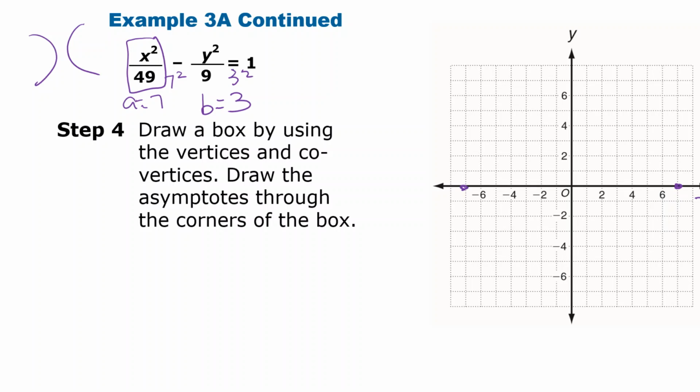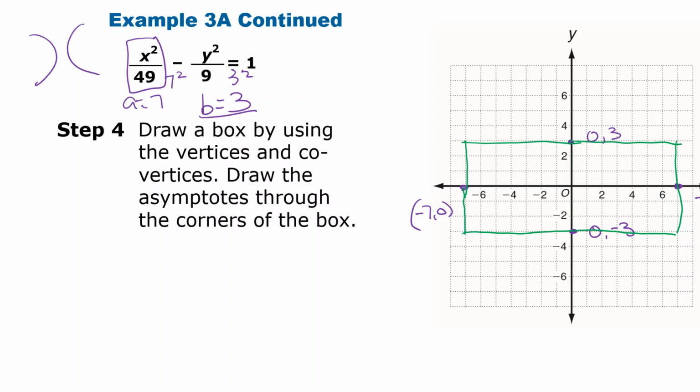And I'm also going to have a vertex at -7, 0. All right, I'm going to have a covertex at 0, 3, and a covertex at 0, -3. All right, so that part's pretty easy. Next, I'm going to go ahead and box that up so I can figure out where my asymptotes go. And that's pretty easy right there.